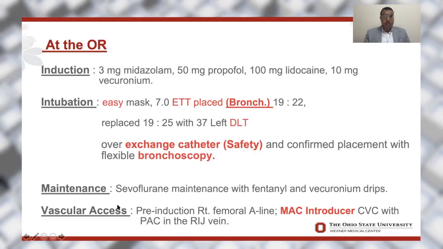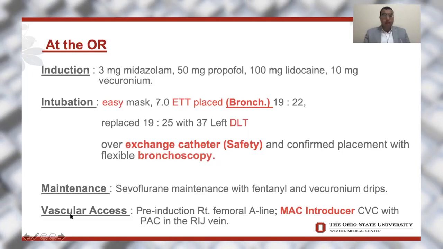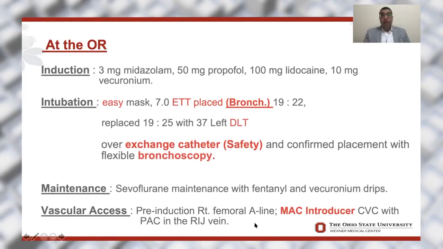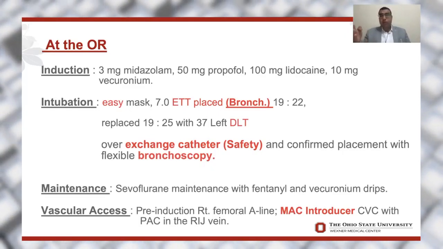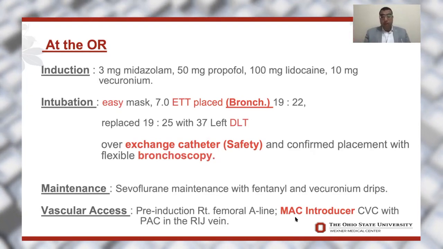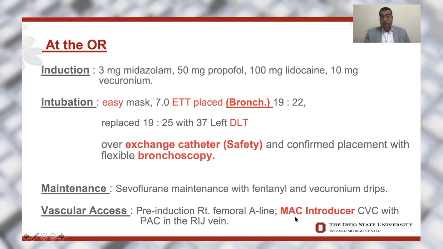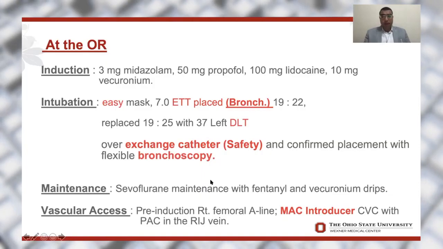Anesthesia started, then they put in the vascular access. We said that you need a central venous line and you need a Swan-Ganz or pulmonary arterial catheter. This MAC introducer is a very versatile device. It's called a multi-lumen access catheter.